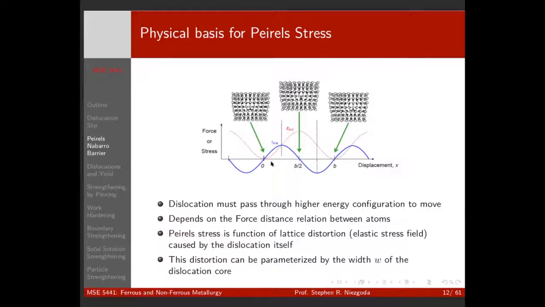So this is the energy hump that we have to overcome. We have to think about the distortional field caused by this, and we can parameterize this by what we call the width of the dislocation core.